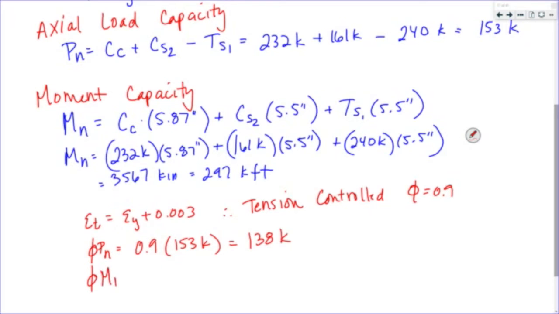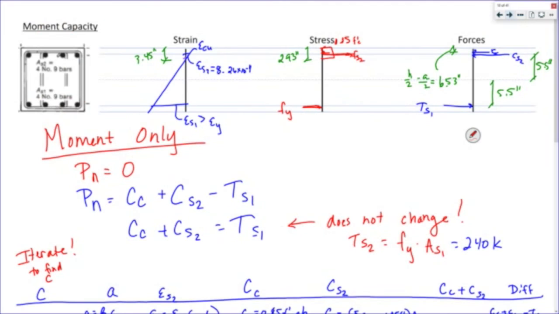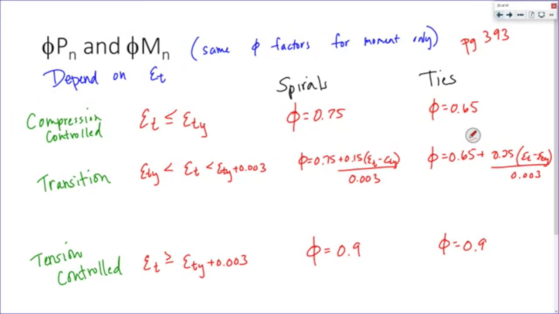Phi Mn is equal to 0.9 times 297 kip feet, which is 267 kip feet. So we can go put those in there.